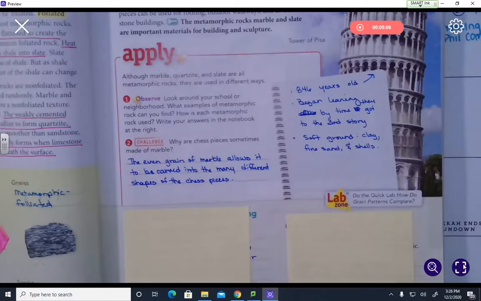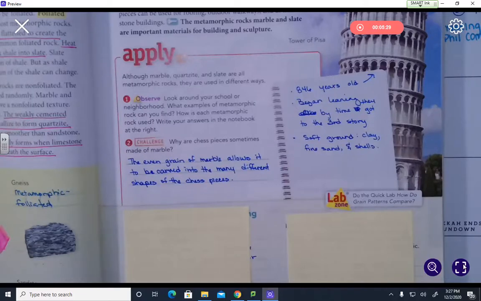A lot of people might have marble countertops or may have seen marble, but it's very even grained and a very smooth surface, so it allows it to be cut and carved into those fine shapes. So that's why chess pieces are sometimes made out of marble.